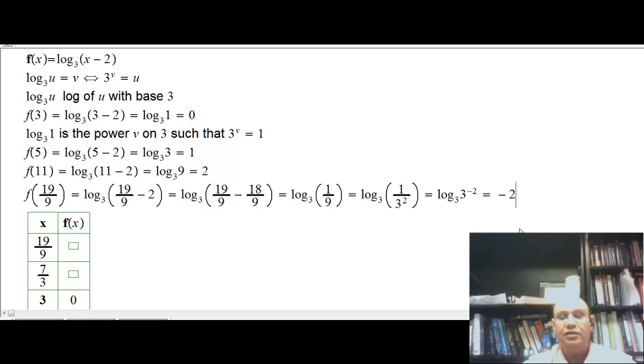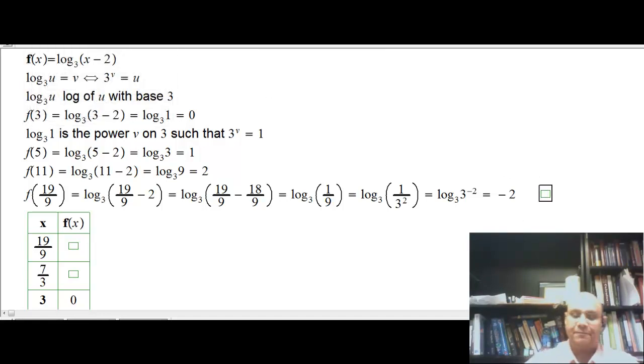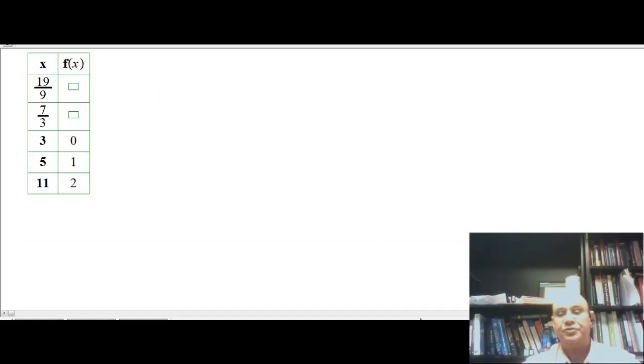Just look at this here. Keep this rule in mind. This is the key property of log, which you'll use a lot. If you take log of a power, what the log does is it pulls the exponent down.